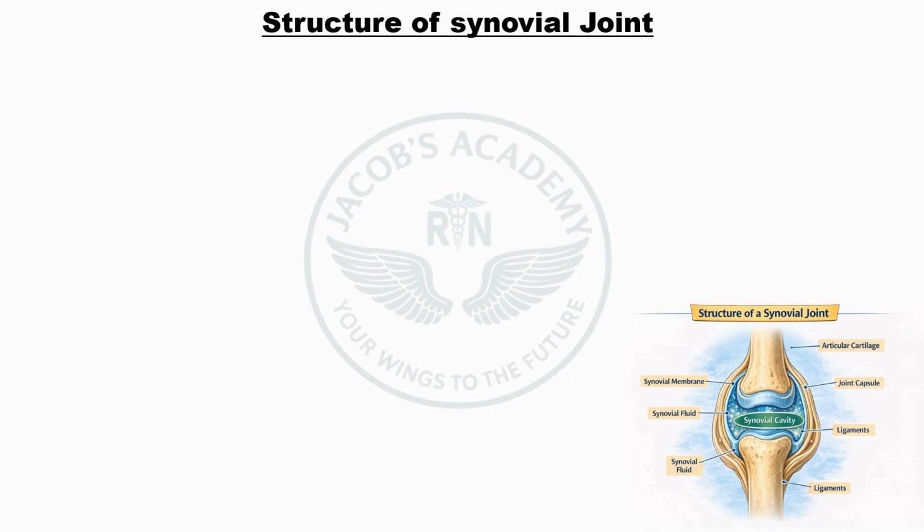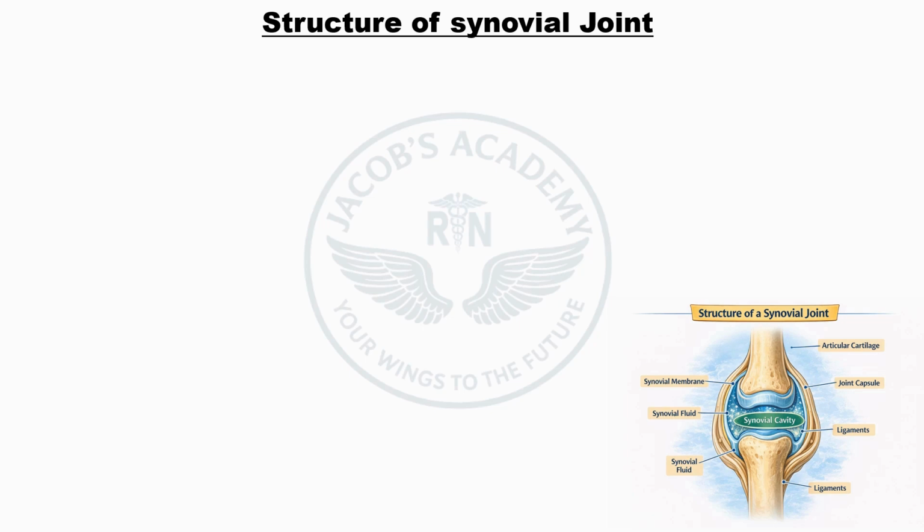Let us now look at the structure of a synovial joint. Synovial joints are specialized joints that allow free movement between bones. Each synovial joint has several important components, and together they ensure smooth, pain-free movement.